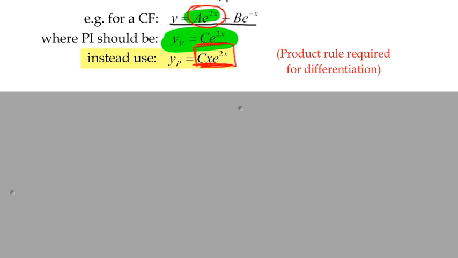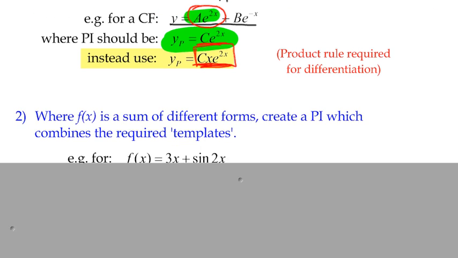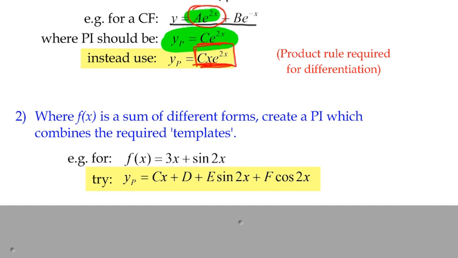Okay. The second point I want to make is not something we're going to go on to use in our course, but it's worth considering, just for a bit of information. In differential equations, f of x, non-homogeneous, can be a sum of the three different types. It can be, for instance, a polynomial and a trig part to it. And in that case, what we would do with a particular integral is simply put together the different templates for the polynomial and the trig term.